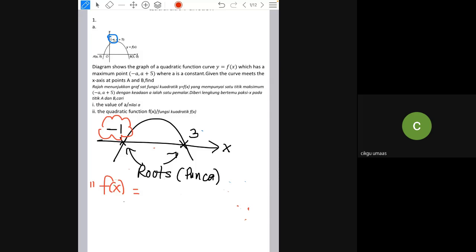You got your A is negative 1, right? And if you substitute negative 1 inside here, won't I get positive 1? Yes or no? Have I answered your question?